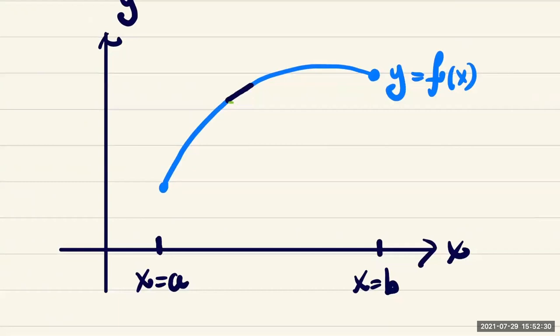The measure of the horizontal leg is basically just an increment of x. A tiny increment of x, and this is a tiny increment of y. So this is really delta x, or you can call it dx.